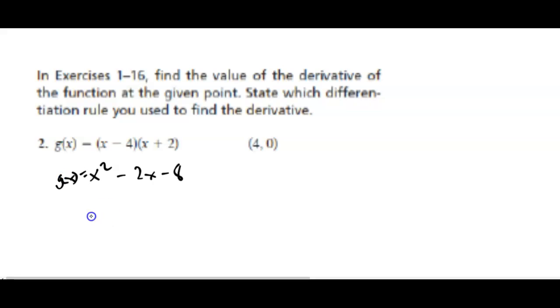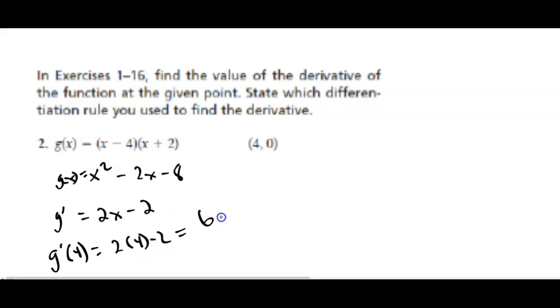Alright, so then I'm going to take the derivative here: 2x minus 2. And so now I can find g prime of 4, which is 2 times 4 minus 2. That's 8 minus 2, which is 6.